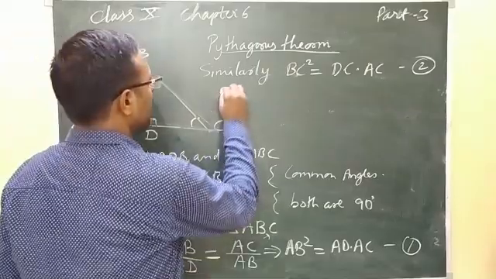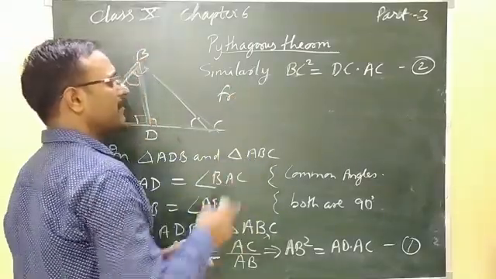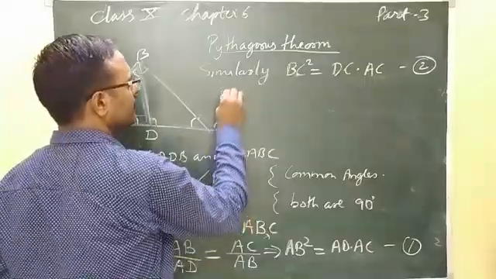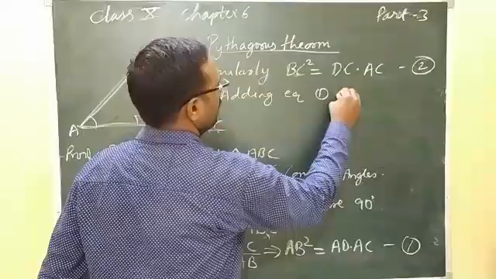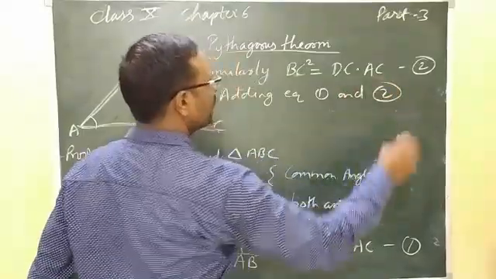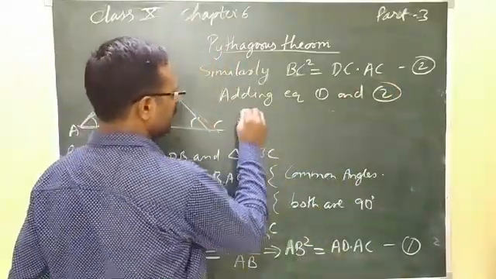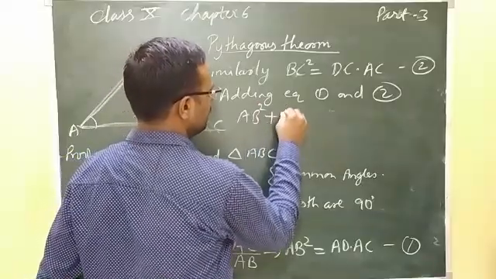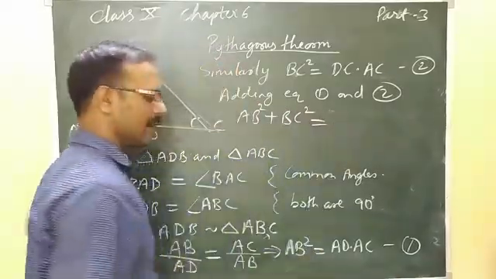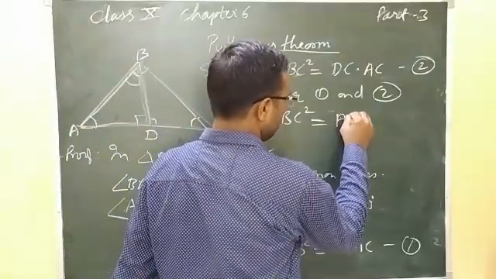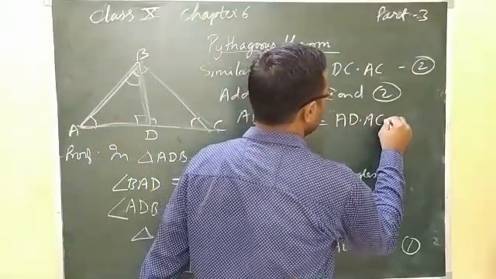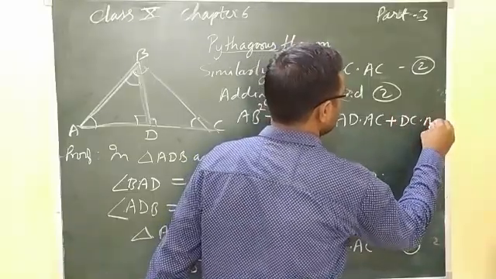So from equations 1 and 2, adding 1 and 2, what are we going to obtain? We can see AB square is going to be added with BC square on the left hand side, and the right hand side will be added like this: AD dot AC plus DC dot AC.